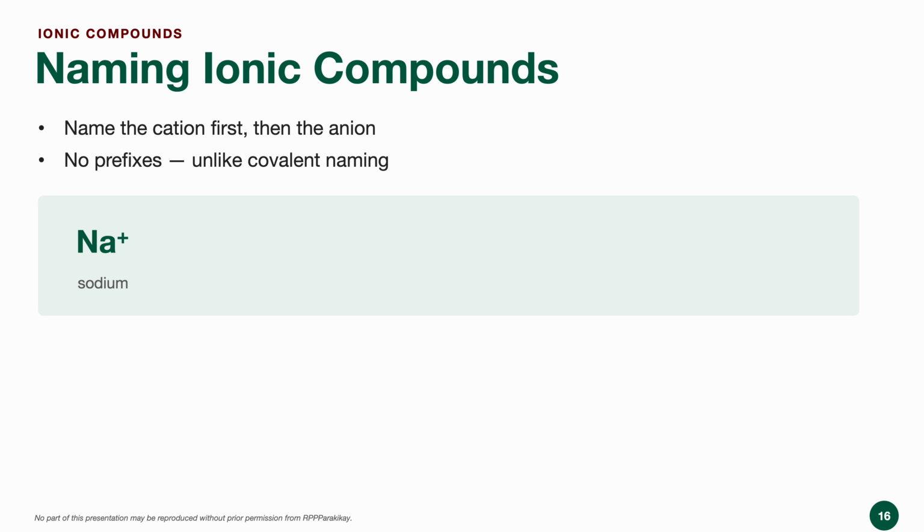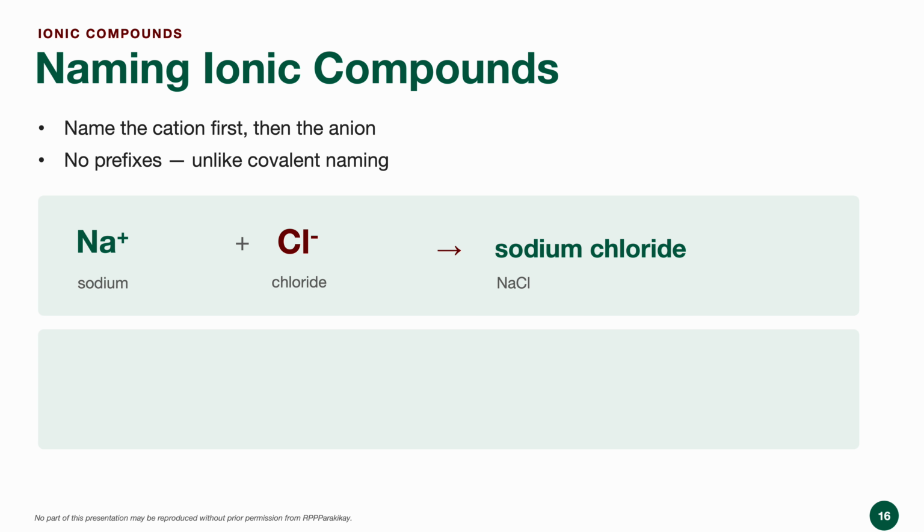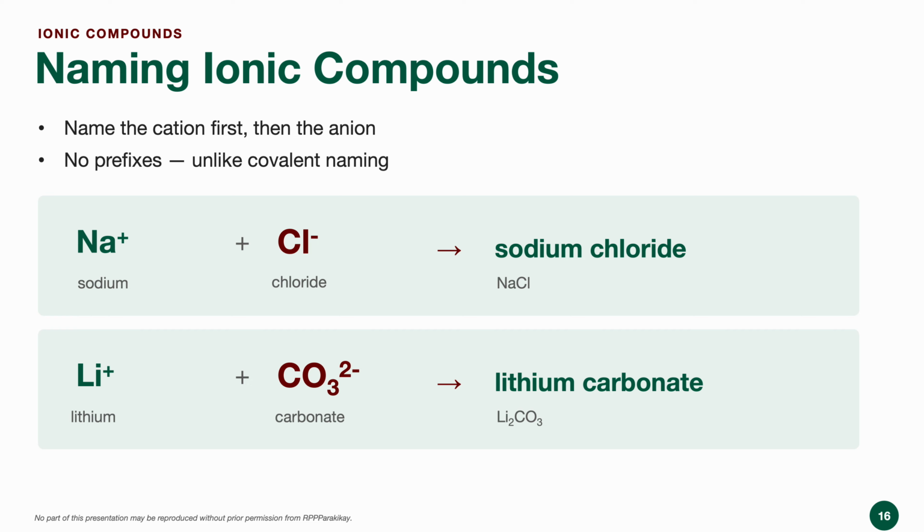So for example, if we mix sodium cation and chloride anion, that just becomes sodium chloride. Another example is if we combine lithium cation with carbonate anion, even though the resulting formula is Li2CO3, with subscript 2 for lithium, we will just name it lithium carbonate, not dilithium carbonate.